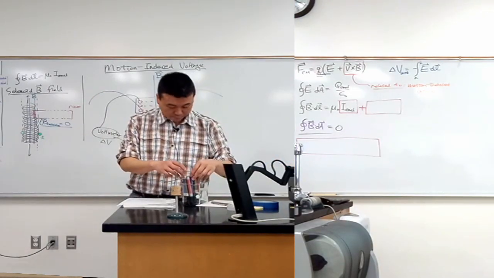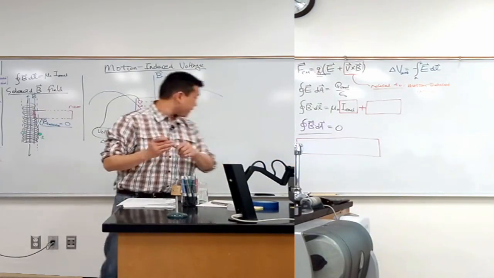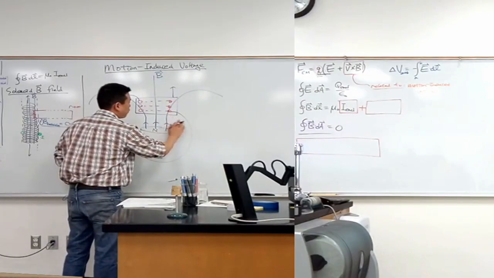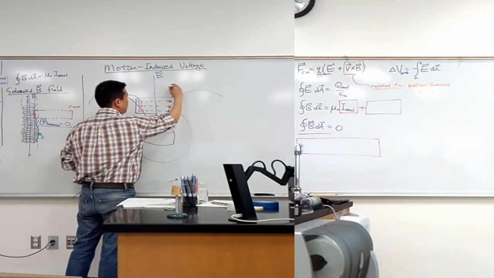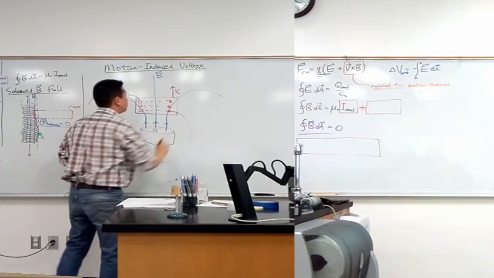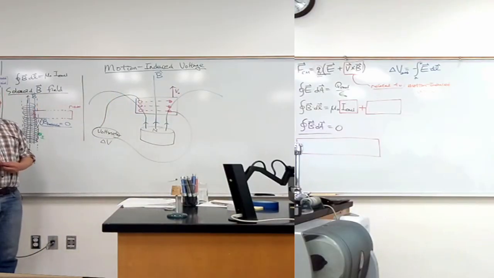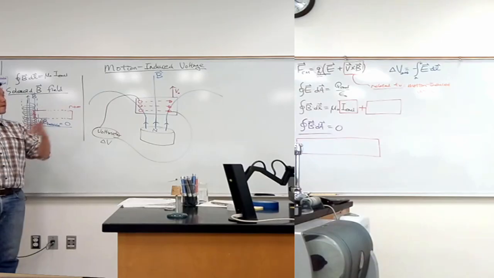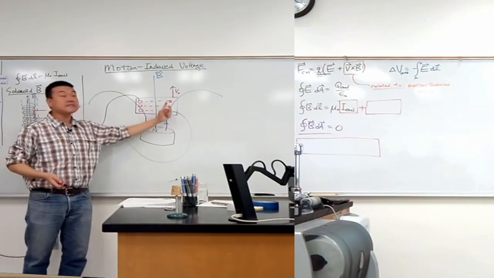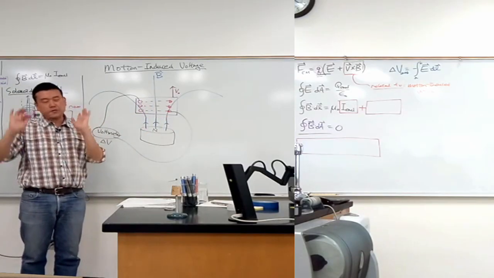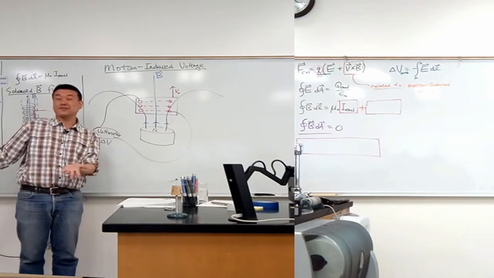So for convenience's sake, let's say this coil moves up with some velocity V naught. I'm imagining the electric charges inside the wire. For simplicity's sake, let's imagine they are positively charged.